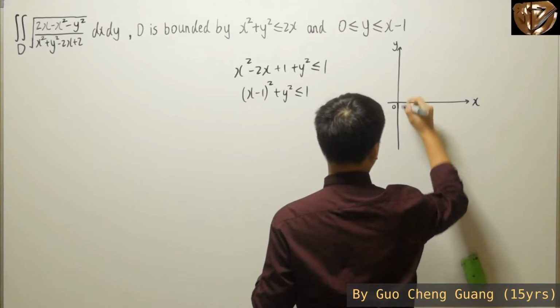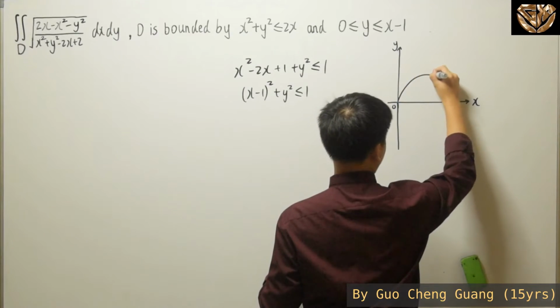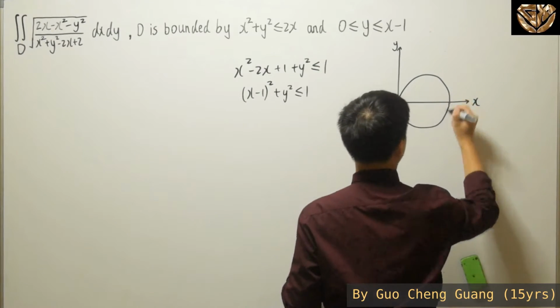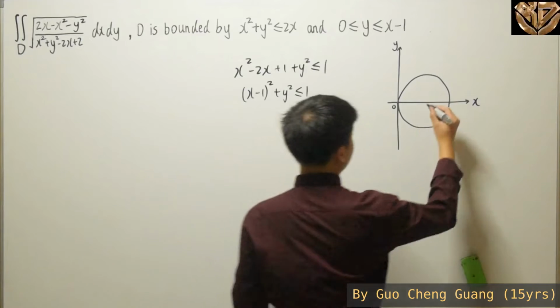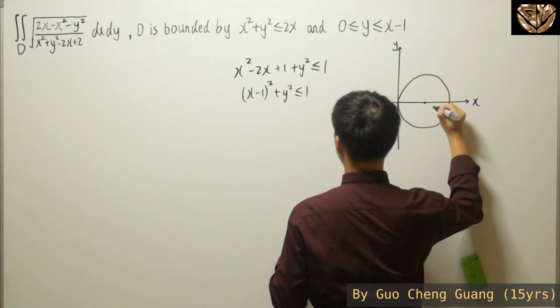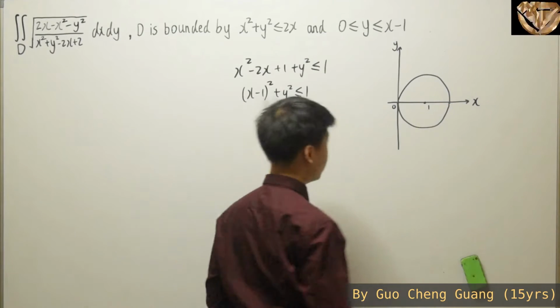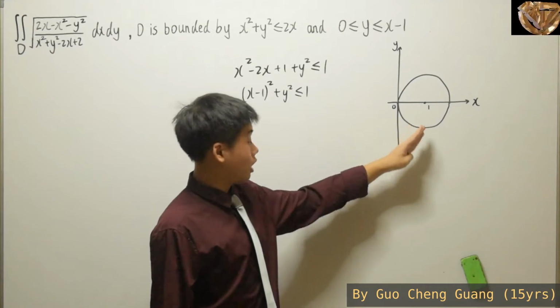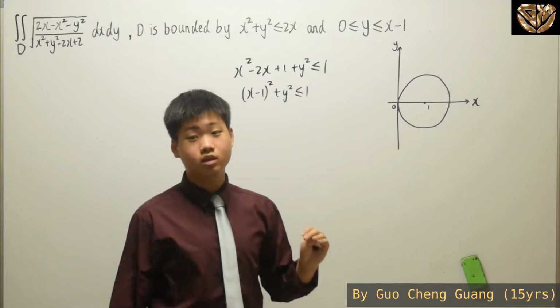Okay, I'll just draw that out. So this is your circle, where you have your center point at (1, 0), which is the 1 mark on the x-axis.